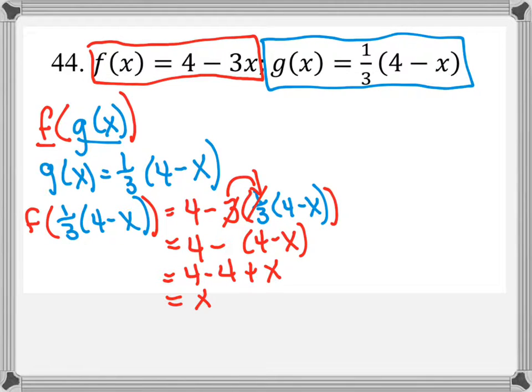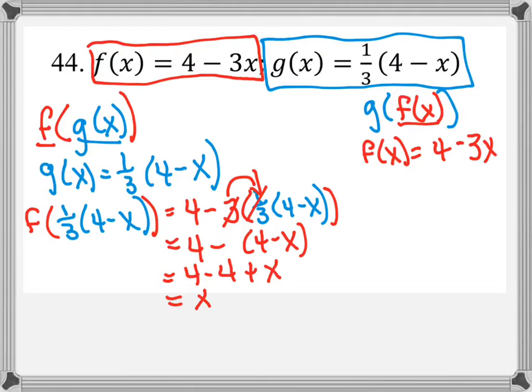Let's look at it the other way, because function composition is not necessarily commutative. So let's find g of f of x. Here we're starting off with the inside function, which is f of x. f of x equals 4 minus 3x. We're going to substitute 4 minus 3x in for x in the g function.